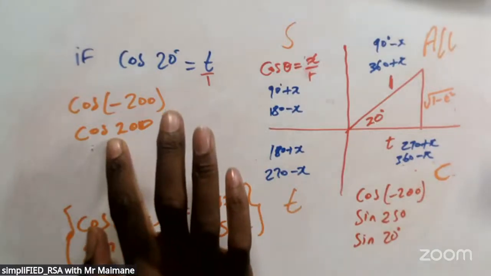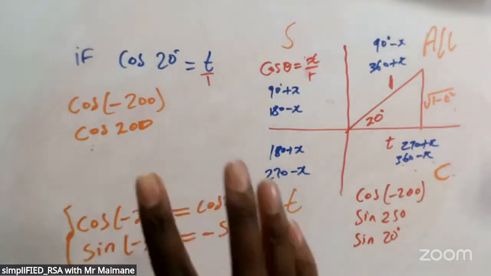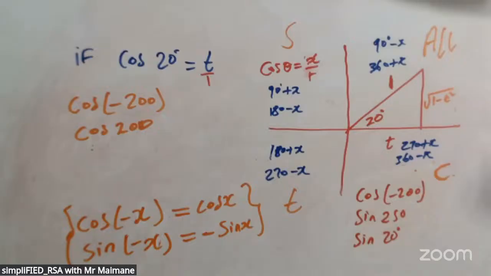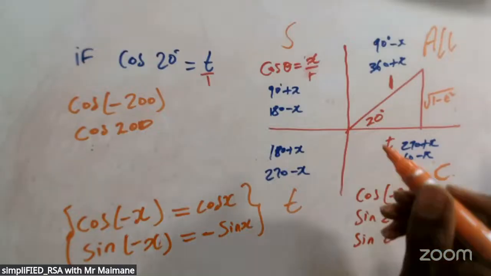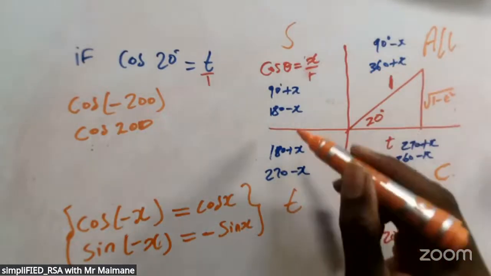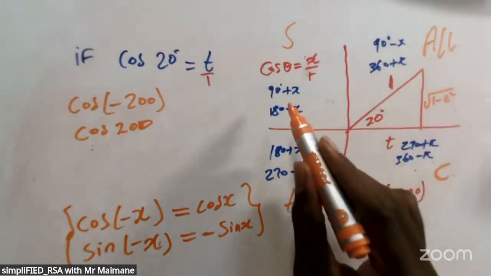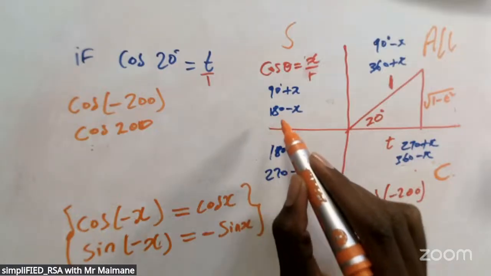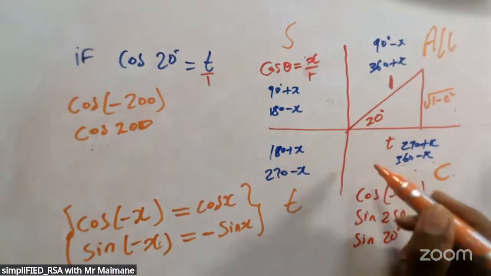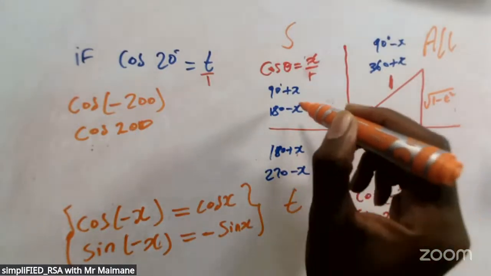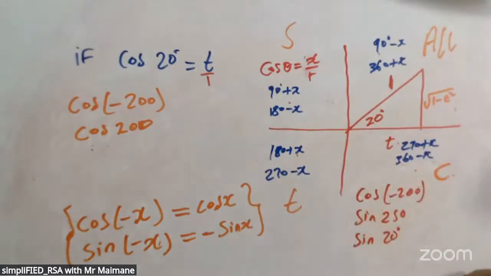So if I have this, then I can say this is the same as, which one is closer to 20 that I can manipulate here? I want you to choose between 90 plus 20 and 180 plus 20. Which one would give me 200 if you manipulate? 180 plus 20.